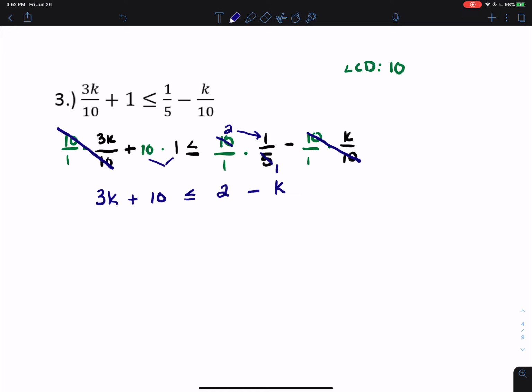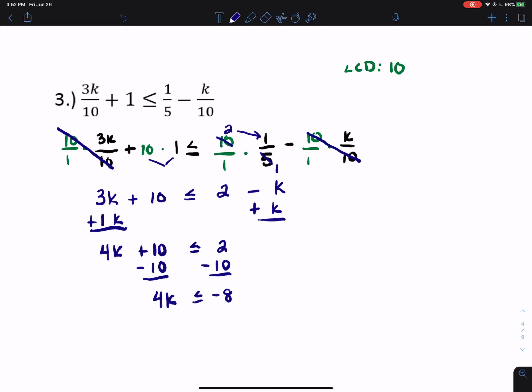Now I'm just going to dive in and solve this. I have variables on both sides, so I'm going to add k to both sides. Remember, when there's no number or no coefficient with that k, there's really a 1 there. So I'm going to have 4k plus 10 is less than or equal to 2. I need to subtract 10 from both sides, and that's going to give me 4k is less than or equal to negative 8.